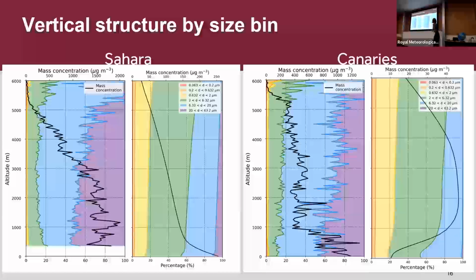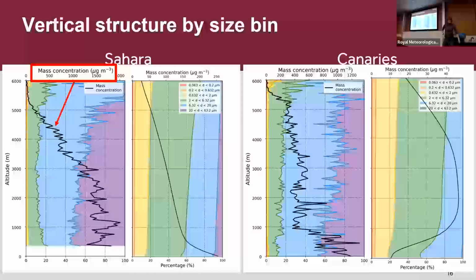Okay, so basically, even if the model is only representing this much dust, the hope is that these things would still be the same. So the actual size distribution within that, whether it's a big event or a small event, or whether it's not showing much at all, hopefully it's not going to change too much how these things look vertically and how each bin contributes to the total.